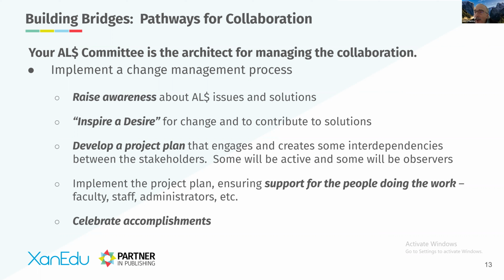Many times your faculty don't know that information and don't realize how important affordability is. And when you tie it to the needs of students, I find faculty respond to that need. That's why they're there. Why are they a professor engaged in the instruction of their discipline? And that can lead to inspiring a desire for change.